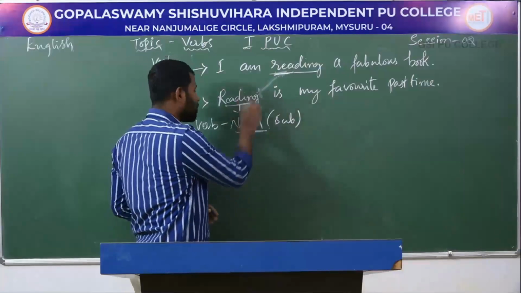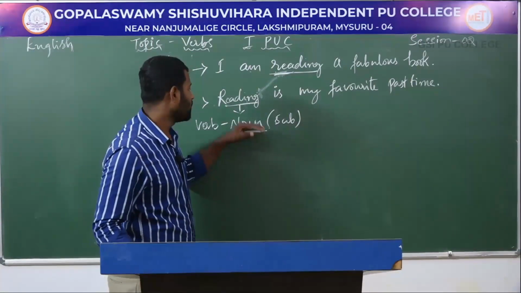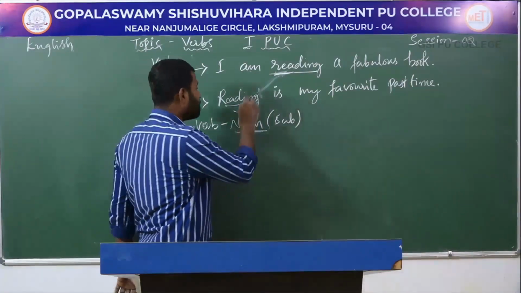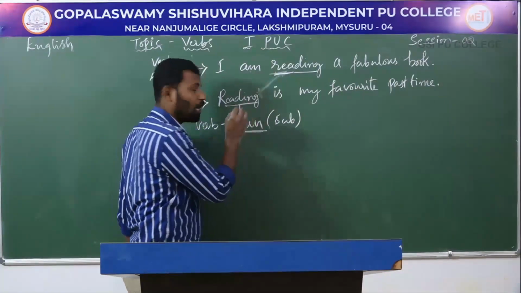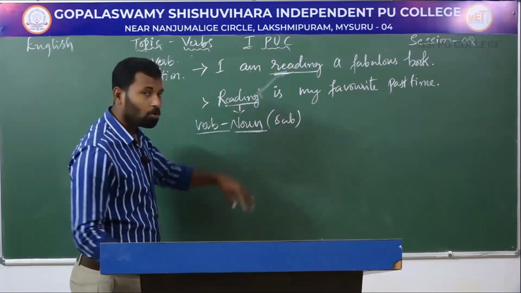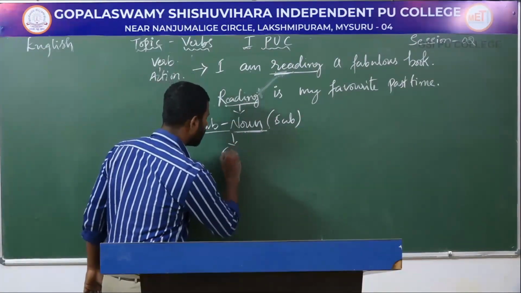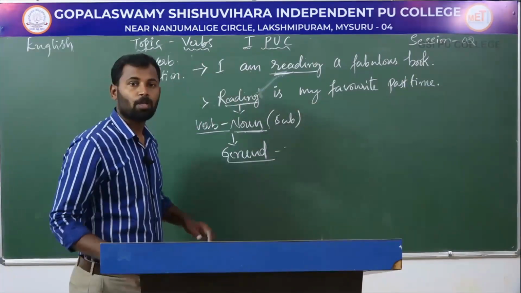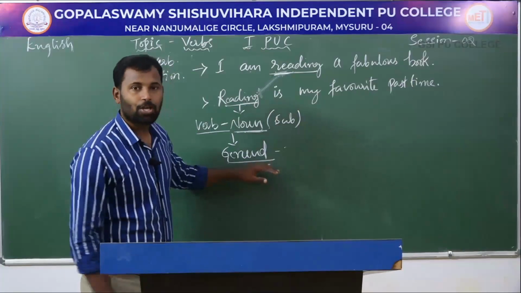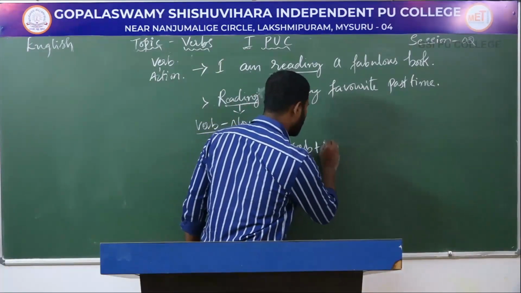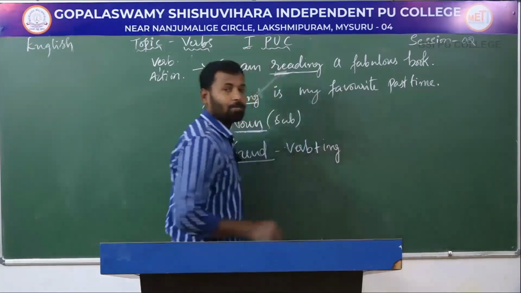Not only because it is used in the place of a noun is it called a verb noun, but also because it plays its role as a noun in the second sentence. A verb noun is also called a gerund. So, what is a gerund? A gerund is a verb with ing.